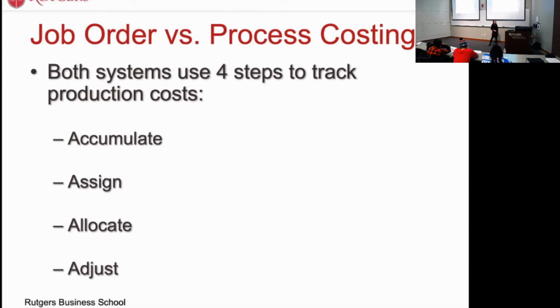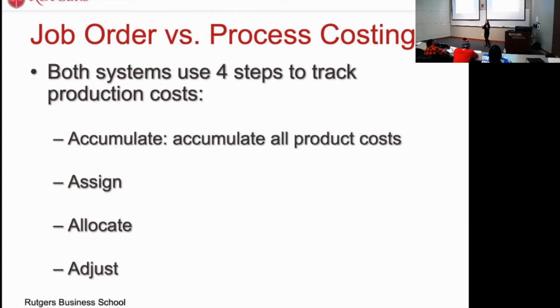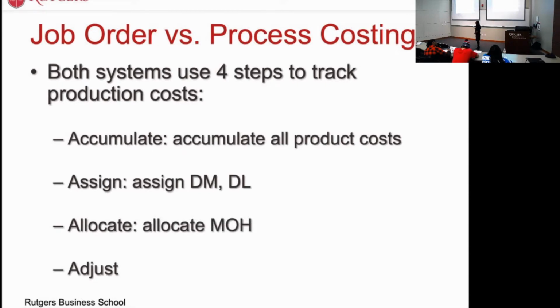The first step is to accumulate, which means we accumulate the product cost incurred in this manufacturing firm. Then assign means we assign the direct costs to the product. The direct product costs are direct materials and direct labor. And then allocate means the allocation of the overhead.